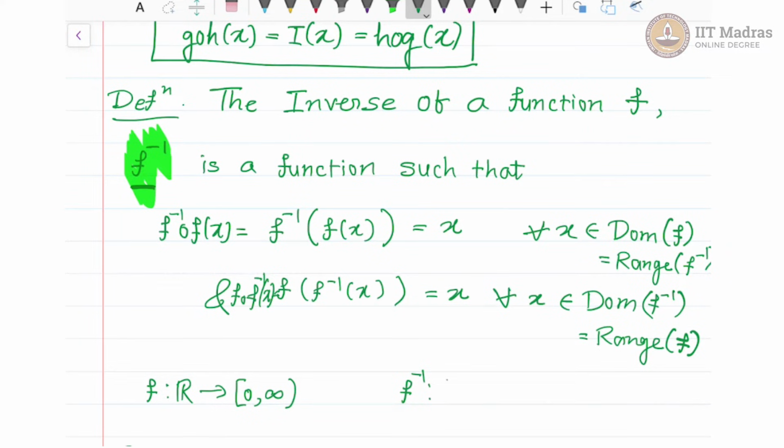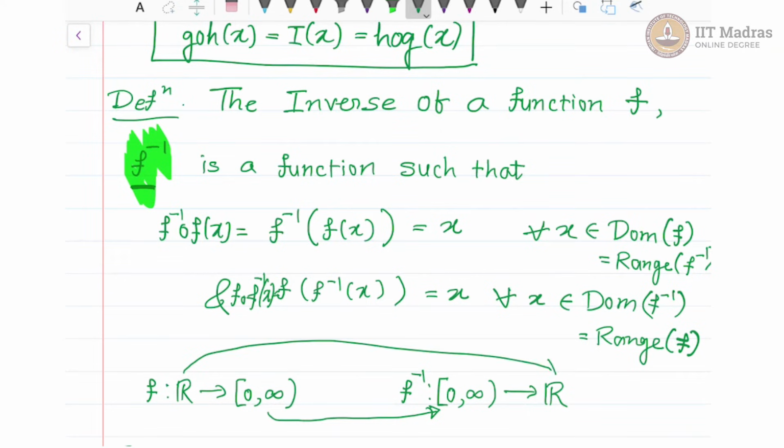I have to go over 0 infinity and then come to R. So the range of f will become the domain of f inverse, and the domain of f will become the range of f inverse. This is the typical fact that you need to always remember.